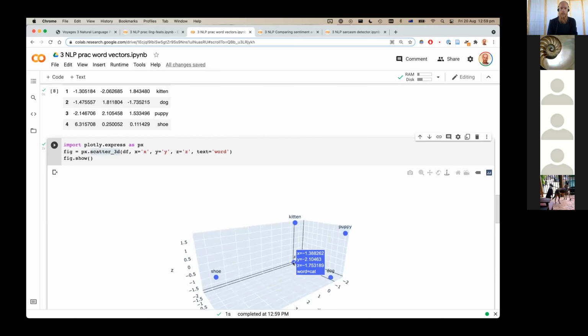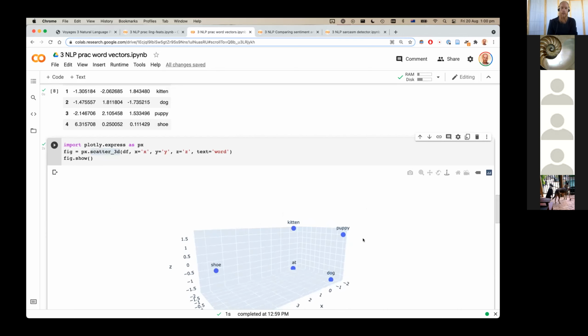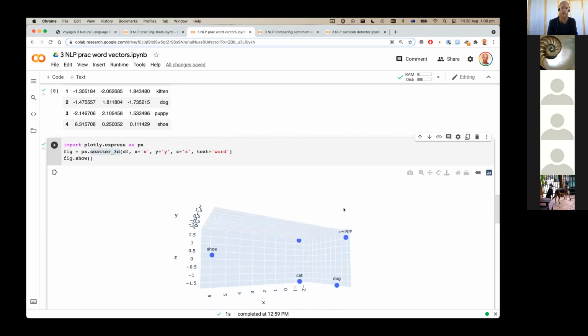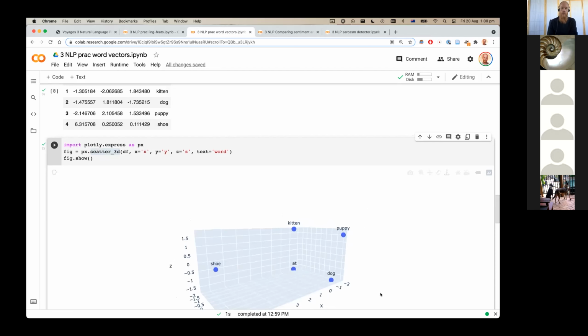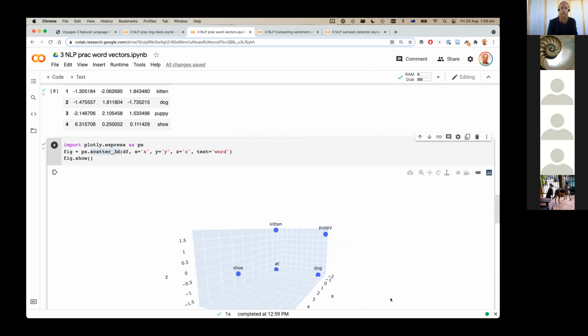The vector between cat and kitten here is the same or similar to this vector between dog and puppy. So we get an idea that there's a similar relationship between those two things. Especially, I'll try not to turn the chart upside down. And likewise, the distance between kitten and puppy is quite similar to the distance between cat and dog.